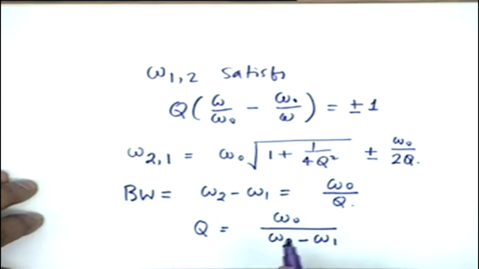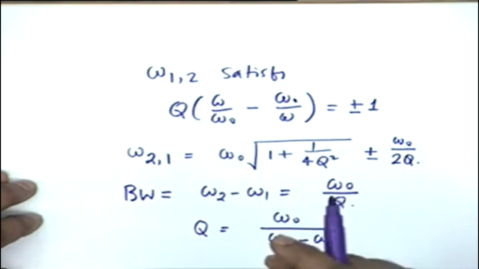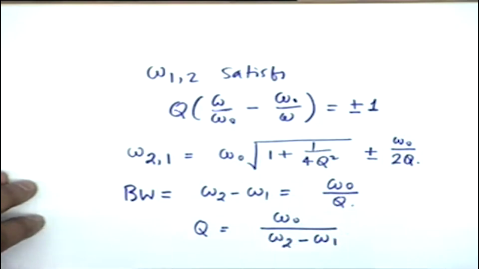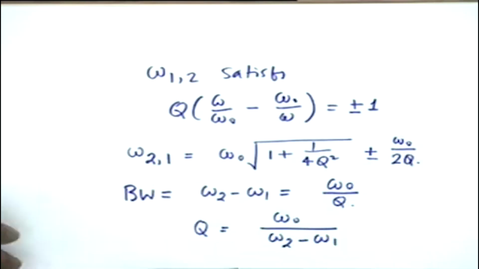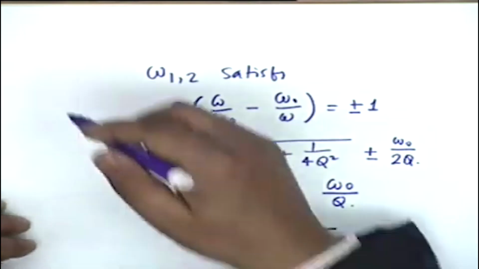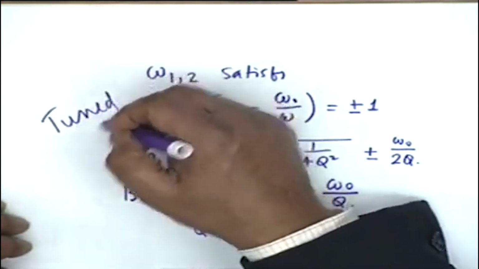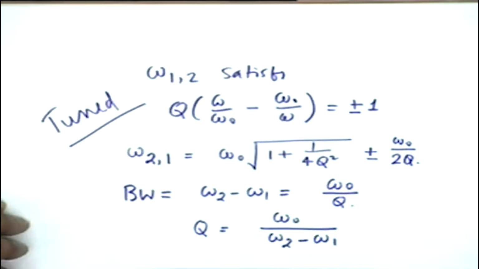So if you want a sharp resonance, for example, you want to pick up one particular station from all possible stations which are radiating upon your antenna, then your tuned circuit, or the resonance circuit, is also called tuned circuit, T-U-N-E-D, has to have a Q which is very large. A Q of the order of 10 in practice usually suffices.